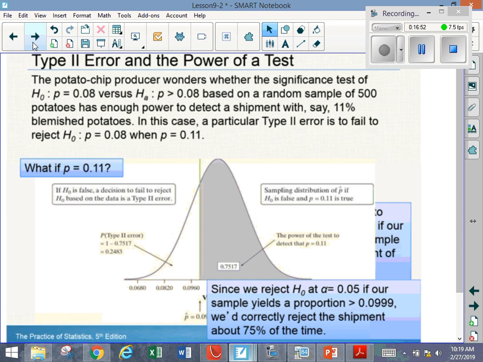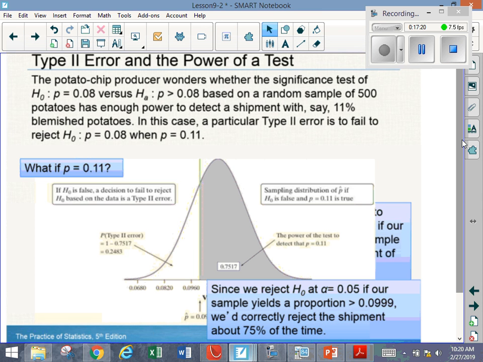All right, so this picture is a fairly good representation of what's going on with the power of the test. This potato chip producer wonders whether a significance test against, so they think the proportion is 0.08, right? And their alternative is that it's greater than 0.08.